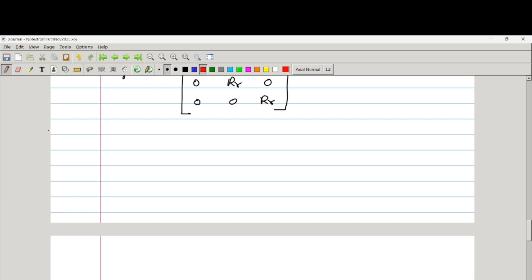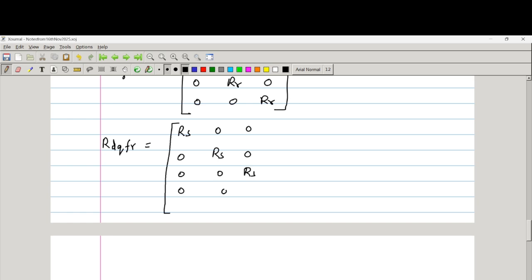The RDQFR matrix is nothing but we will have a 6 cross 6 matrix: RS 0 0, 0 RS 0, 0 0 RS.